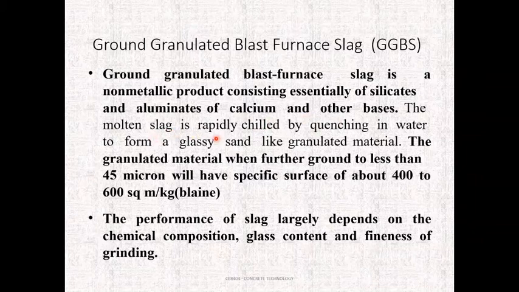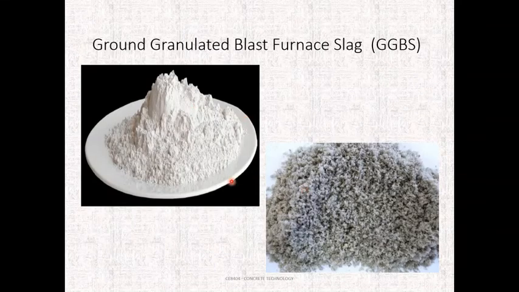The molten slag is rapidly chilled by quenching in water to form a glassy, sand-like granulated material. This granulated material is further ground to less than 45 microns to have a specific surface area of about 400 to 600 square meters per kg. The performance of the slag largely depends upon its chemical composition, glass content, and fineness of grinding. The figure shows the image of the GGBS.